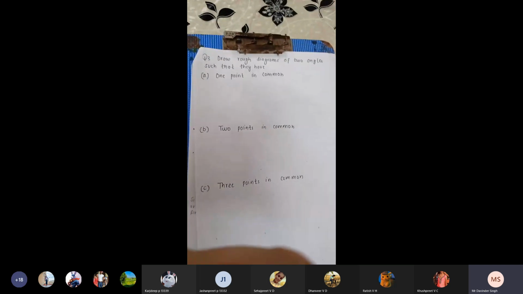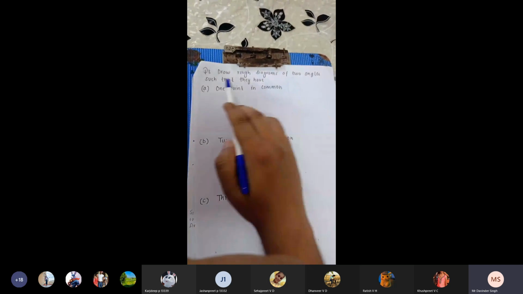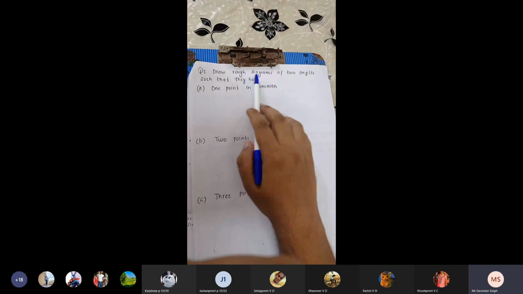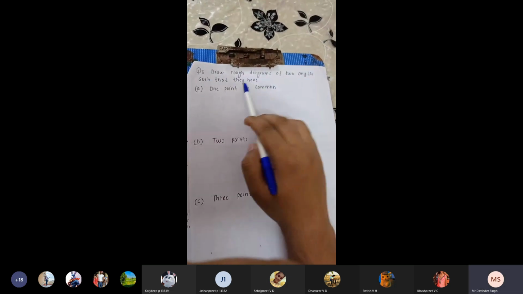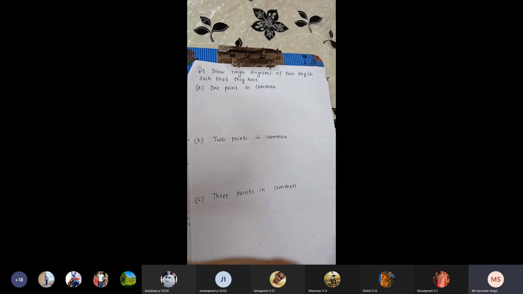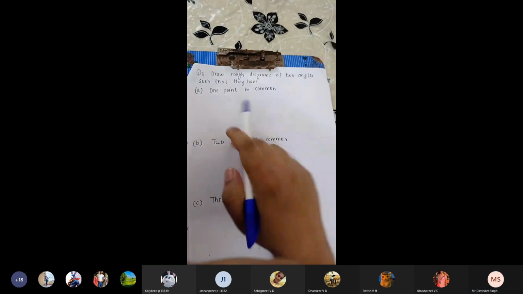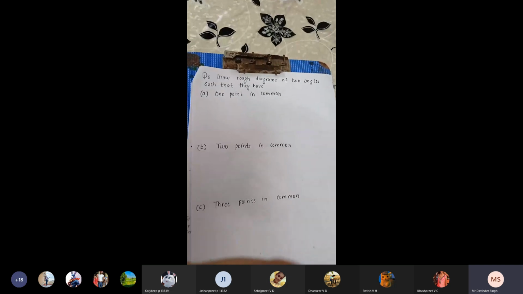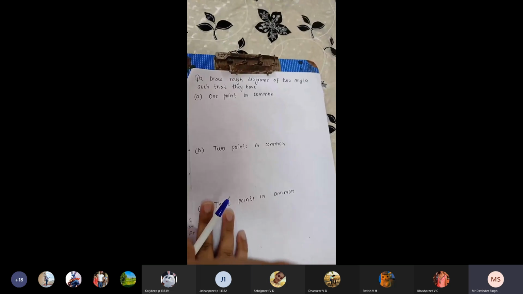So the question here is that draw the rough diagrams of two angles such that they have one point in common. So now we have to draw the diagram of two angles, but there should be one point common between them.